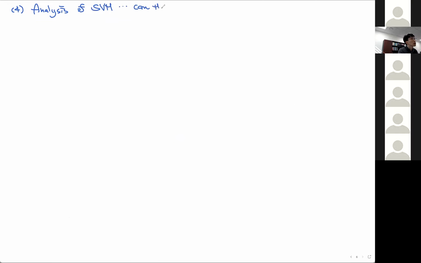Can this also be generalized? We learned about the so-called margin theory. It provides a justification for the support vector machine algorithm.